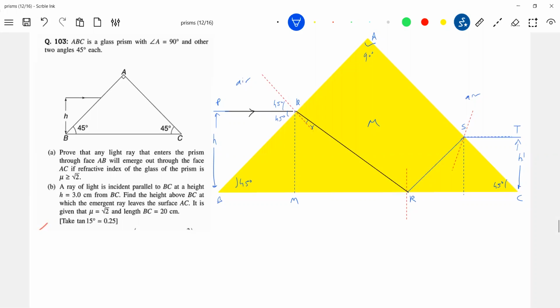Okay, I'll proceed with the mathematics. So sine 45 degrees is equal to mu into sine R. This will be 1 by root 2. Mu is root 2 sine R. Therefore R will be 30 degrees. Keep this in hand, very useful for us.